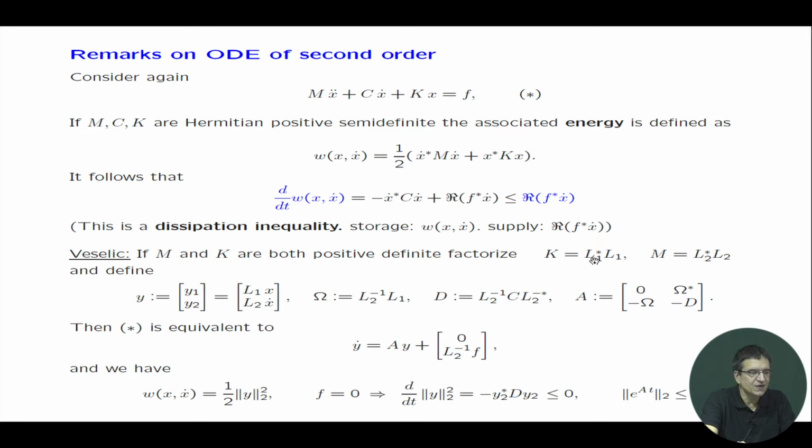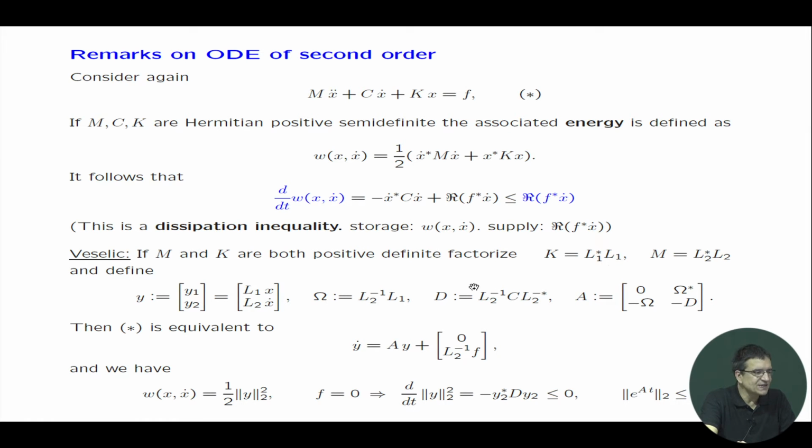For instance, you can have this equation here if you take for the L1 the positive semi-definite square root of K. Or, if you have such a factorization, you can multiply the L with any unitary matrix, and you get another factorization.